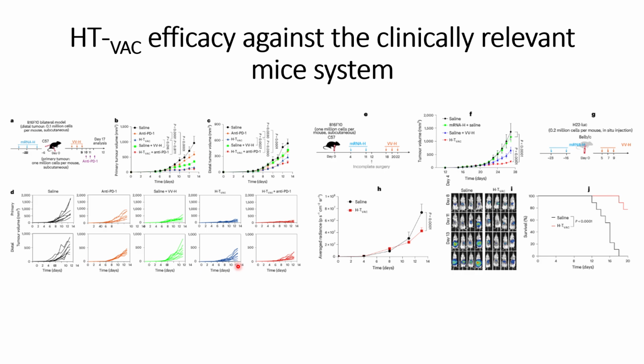So this indicates that their vaccine is able to generate an endogenous T cell response against the distant tumors also, and its performance can be increased by combining it with checkpoint inhibitor therapies.